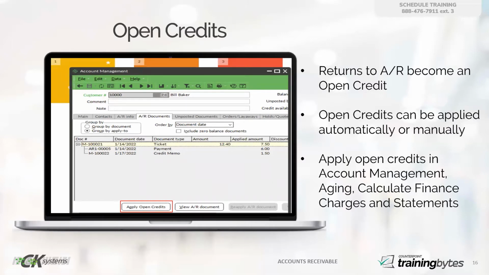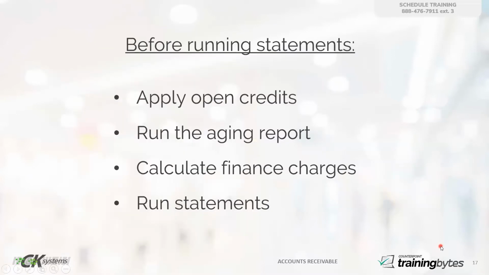So part of your monthly routine with AR before you run your statements is to apply the open credits. And there's multiple places where you can apply open credits: account management, the aging report, the calculate finance charges, or statements. All of those areas have this button called apply open credits. And we'll talk a little bit more in depth about that later.